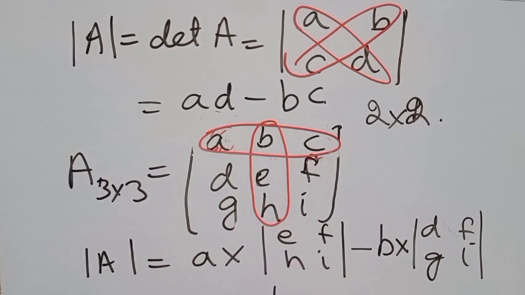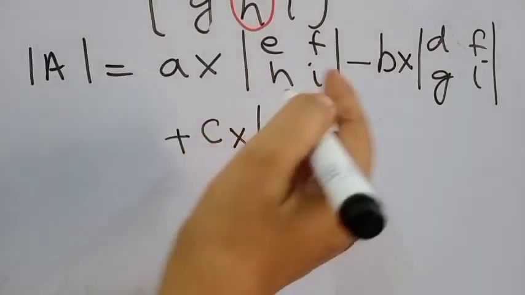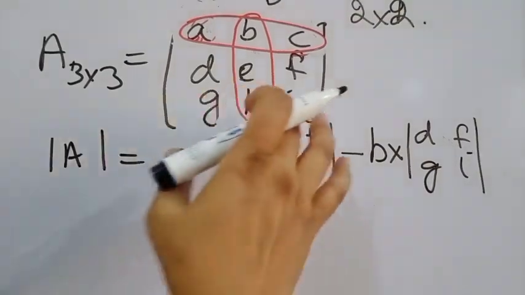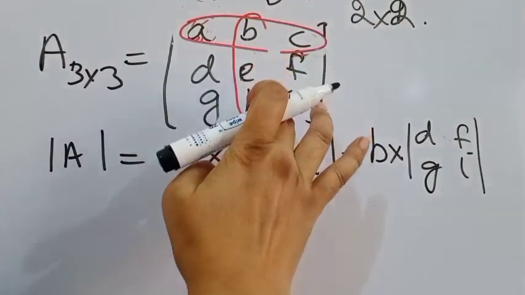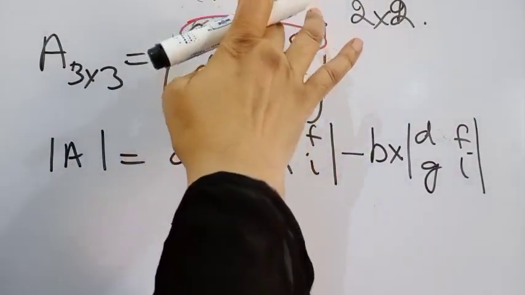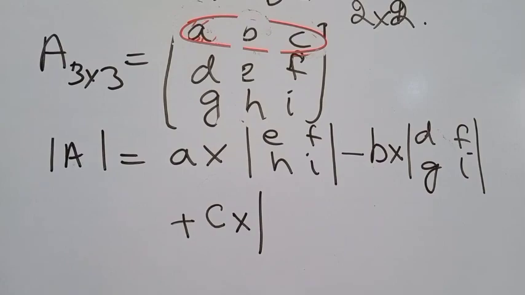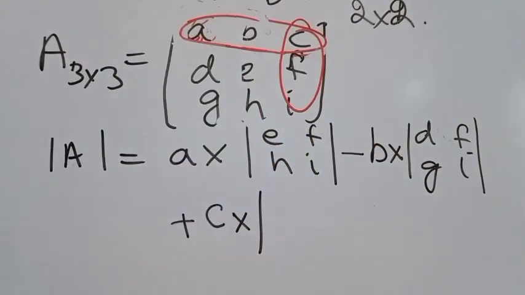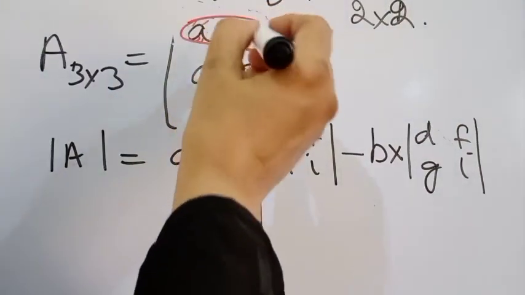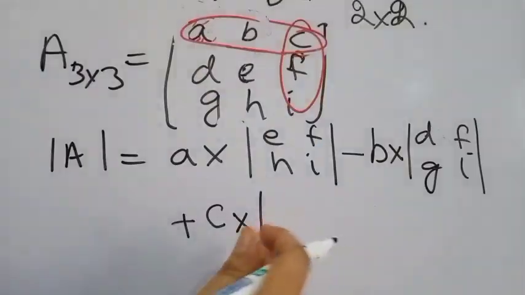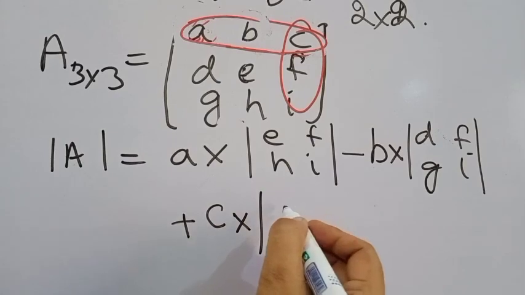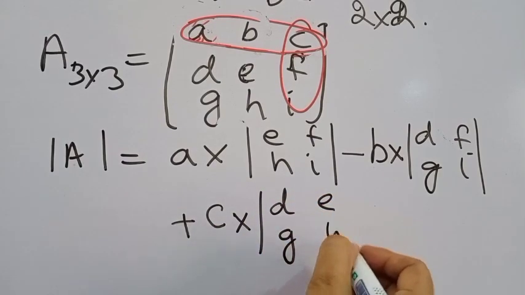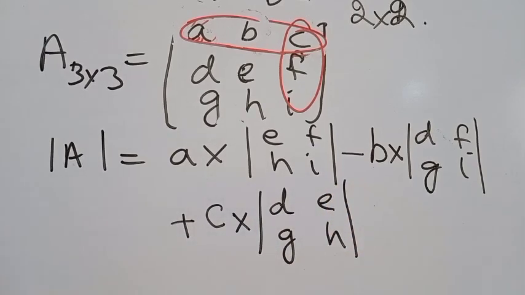Now we ignore the elements of the third column and first row. So we multiply by the remaining elements d, e, g, h.